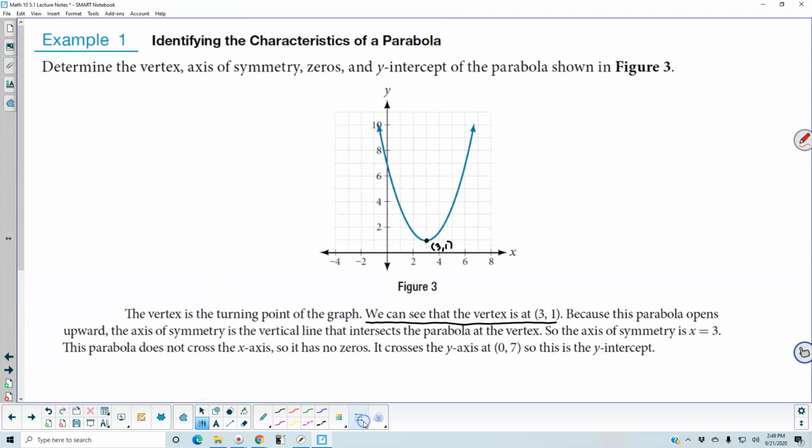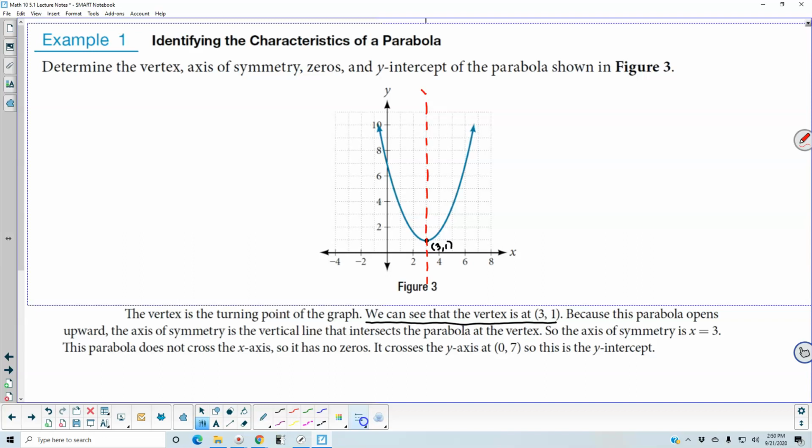Now, because this parabola opens upward, the axis of symmetry is the vertical line that intersects the parabola at the vertex. So we have a line going in this direction, and it passes through the x-axis at the x-coordinate of 3.